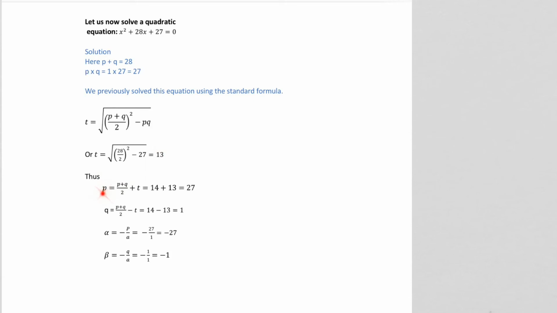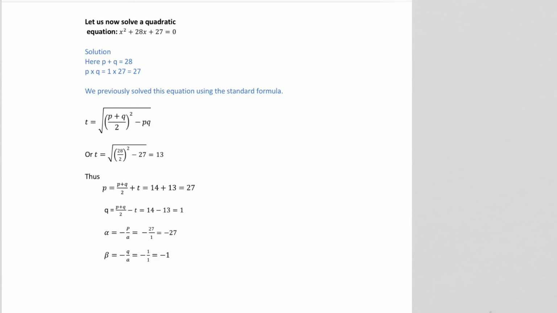Thus the value of p becomes p plus q by 2 plus t, which is 14 plus 13 is equal to 27. Q similarly becomes 1. Alpha is equal to minus p by a equal to minus 27 by 1 is equal to minus 27, and beta is equal to minus q by a equal to minus 1 by 1 is equal to minus 1.